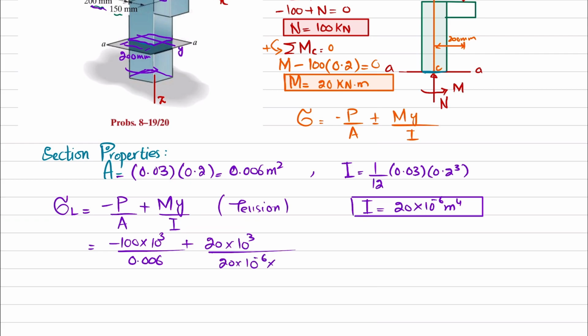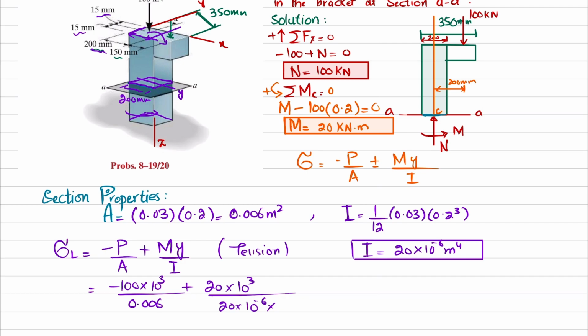And what about C? C is the distance from the neutral axis. So this was your neutral axis, and till this distance is your C, which is 100 millimeter, and this 100 millimeter is actually 0.1 meter. So which is sigma L.